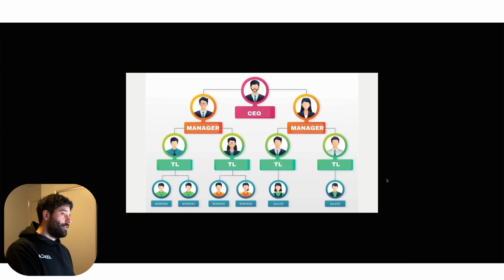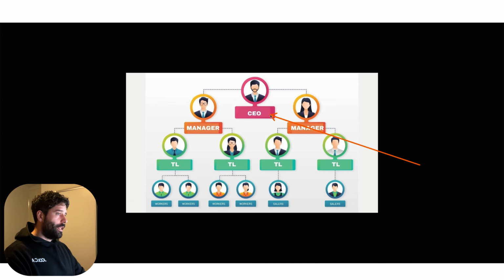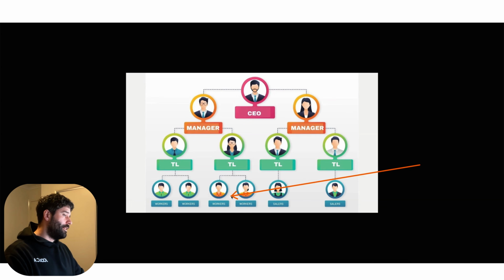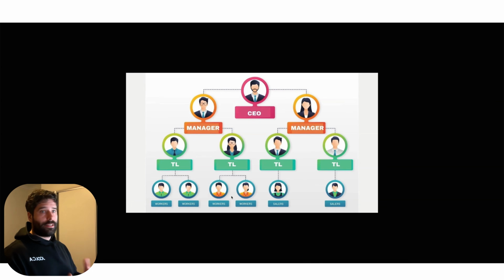So depending on the size of the team, there might be fewer layers between the CEO, the manager, and the team leader. It might just go from CEO to a team head, and that team head actually performs all the tasks. Or if you have bigger teams, then you probably have a lot more managers, a lot more team heads, and then a lot more workers underneath them. So an org chart varies based on the size of the business.